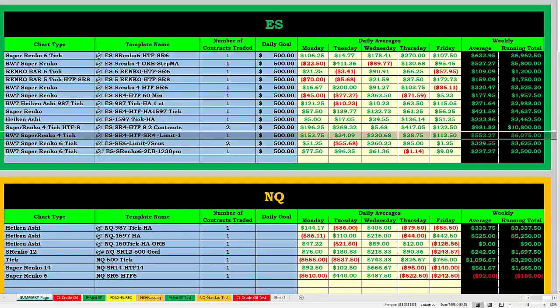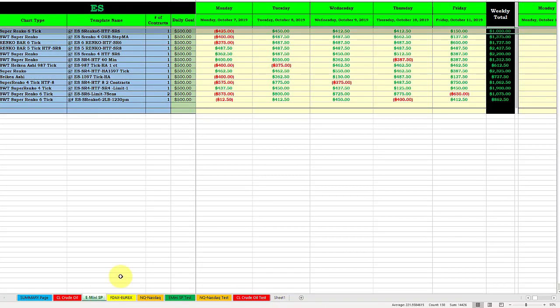Now I want to bring the spreadsheet back over here, and I just want to note that the E-mini S&P had a spectacular week this week. These are all the losing charts on Monday, but the remainder of the week, each day there was only one losing chart with the exception of Thursday. These are all the systems I tracked.